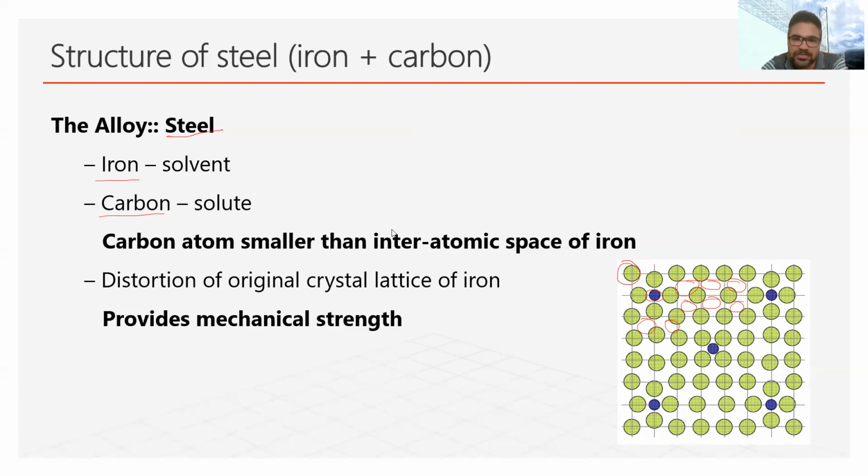Because of the presence of carbon atoms, it provides mechanical strength. But the lattice structure is also distorted because of the presence of the carbon atoms. That is why the presence of carbon is very important in steel, as it provides hardness and strength to the steel.